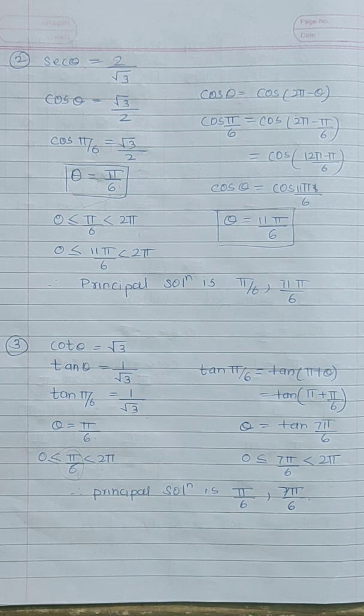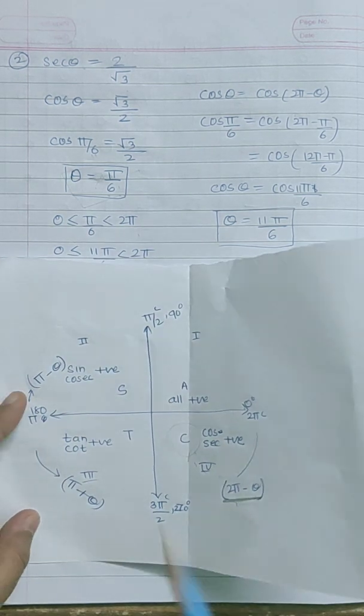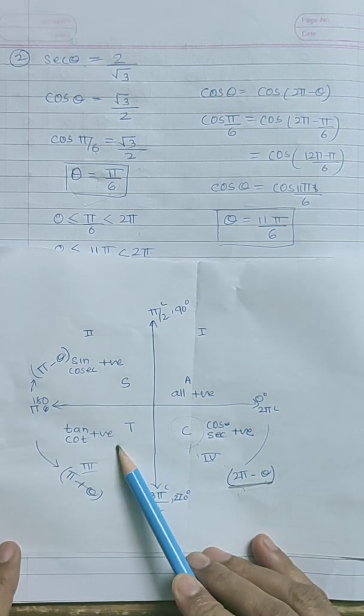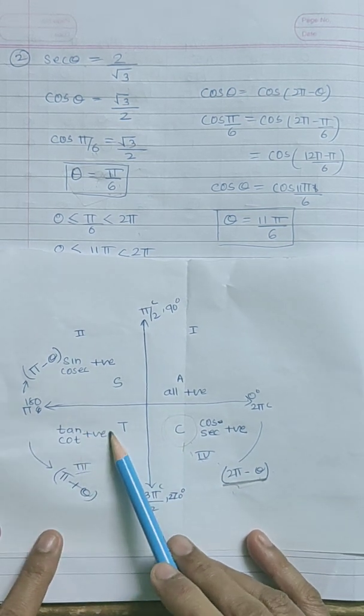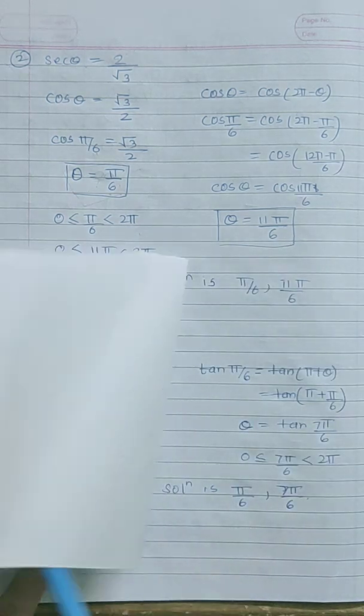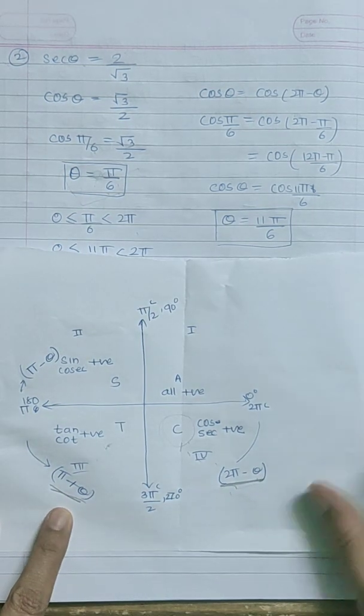Now we have to find its allied angle. Now where is tan positive? See, tan is positive in the third quadrant. So in third quadrant, which angle we are going to take? Pi plus theta.